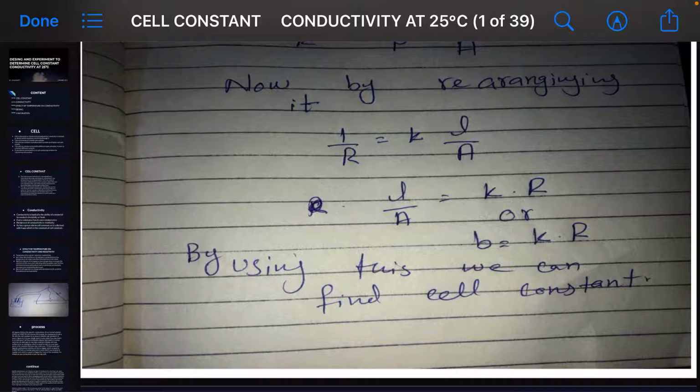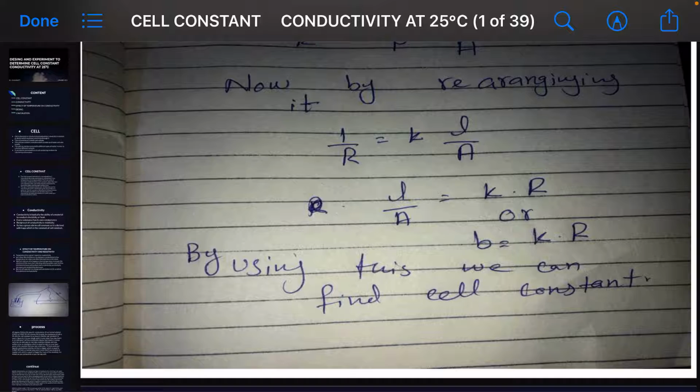R is the resistance. In this way, as I've already told you, resistivity and conductivity have a great role in the cell constant. This is the relation that I was telling you in the beginning of the presentation.